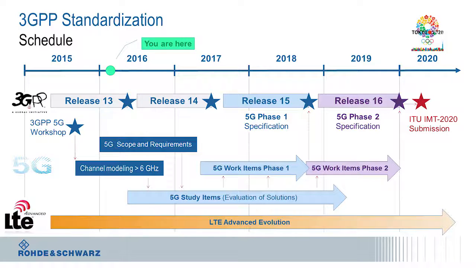Key design target is most likely enhanced mobile broadband at this time. Second set of work items, targeting release 16, will then include for sure IoT, ultra-reliable and low-latency communication, which should lead to a second deployment phase in late 2021, early 2022. Last but not least, also the LTE evolution will continue in parallel to the 5G standardization process.